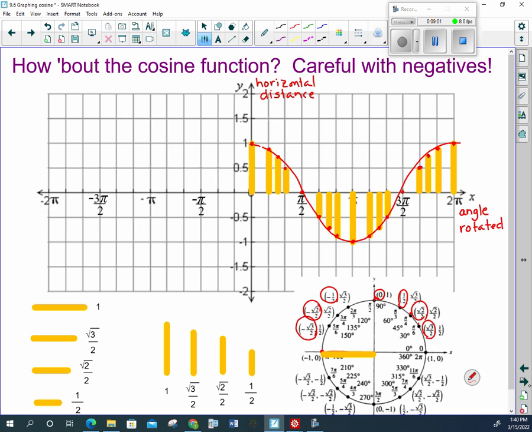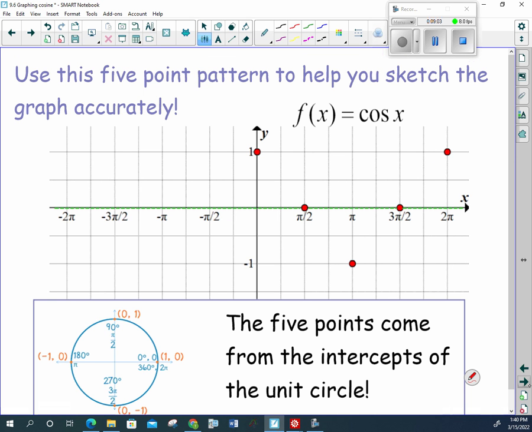And it also has a 5-point pattern. So it started at a max, and then it went to an intercept, and then it went to a min, back up to an intercept, and then back up to a max. And just like the sine curve, these 5 key points divide our graph into 4 regions. You got 1, 2, 3, 4.